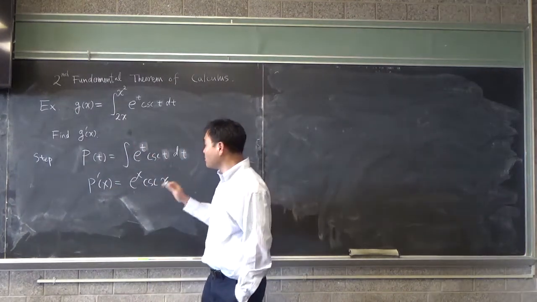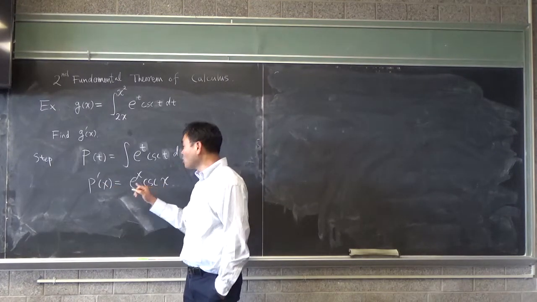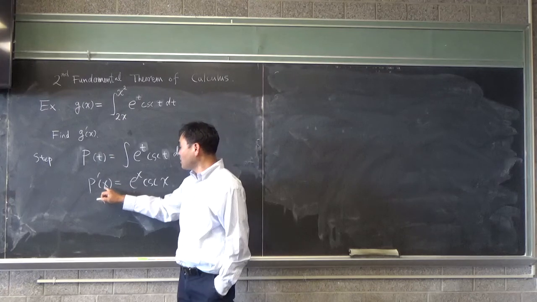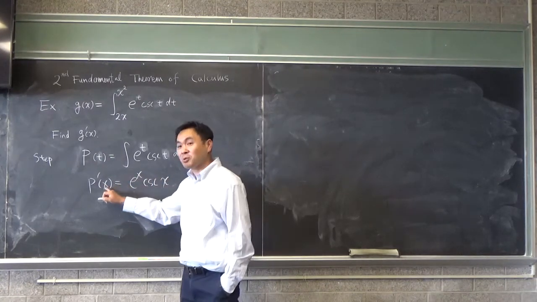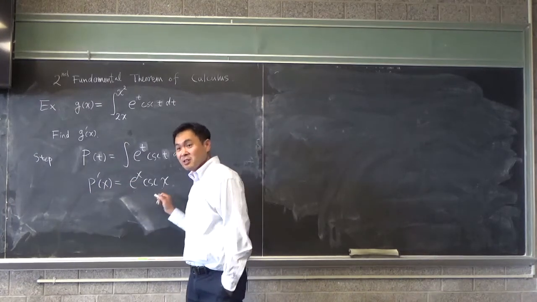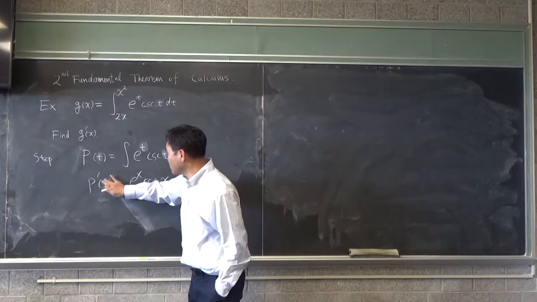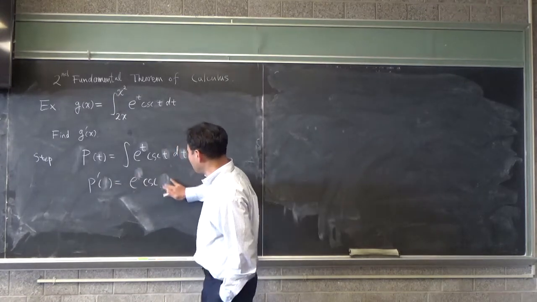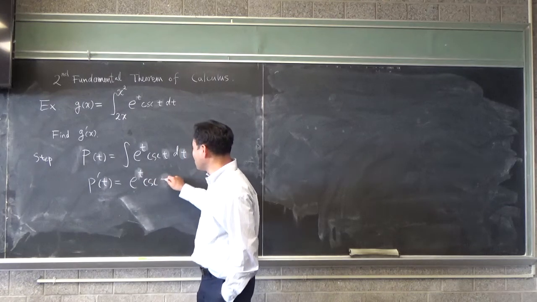And still f prime of x will be this one. Because f prime of t will be e to the t cosecant of t, but we can replace t by x, and then this is what you'll get. If you write all this out, that's too much work, so I just wanted to get to the point straight away.